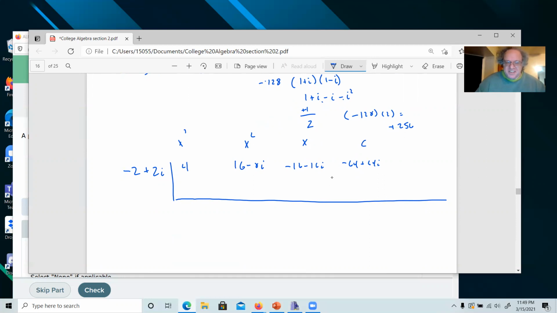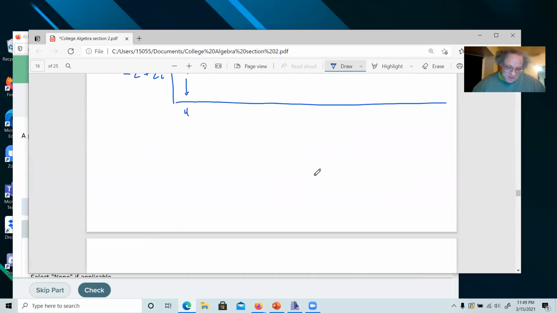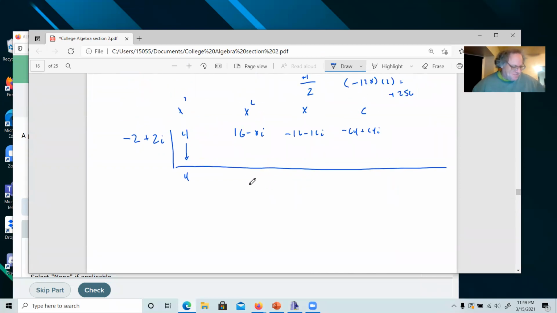Okay, same rules, 4 comes down, and now the wheels turn again. I'm just going to grind this out. This isn't so bad. This is -8, and then -8i. Oh no, positive, 2 times 4 is positive. So let's go ahead and do that. That's 8, and that's 0.